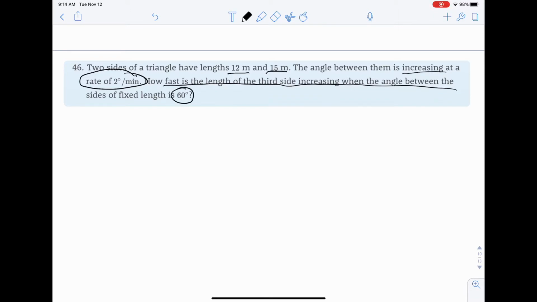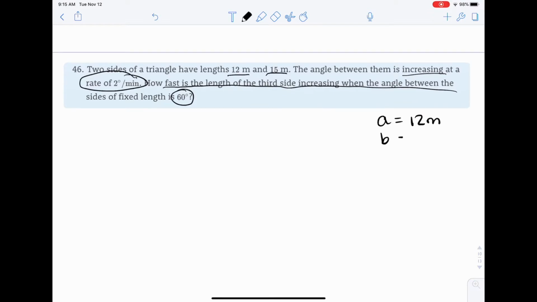So we have a side 1, which we'll call A, equal to 12 meters. Side B is equal to 15 meters. And we don't know side C yet, so we're going to put a question mark.